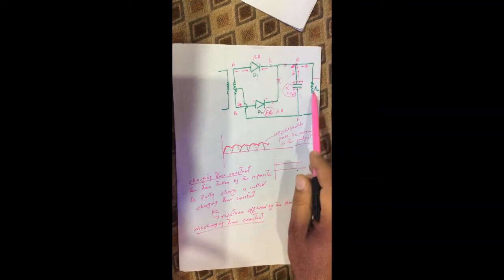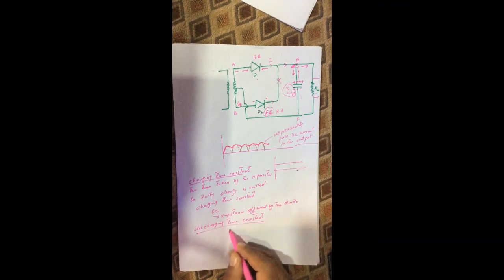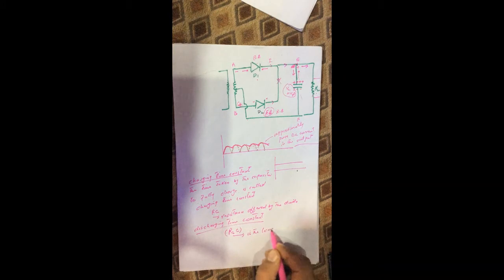As we know that once this capacitor starts to discharge, it discharges through the load resistance RL, because the current is flowing through the load resistance. So the discharging time constant is defined as RL times C, where RL is the load resistance.